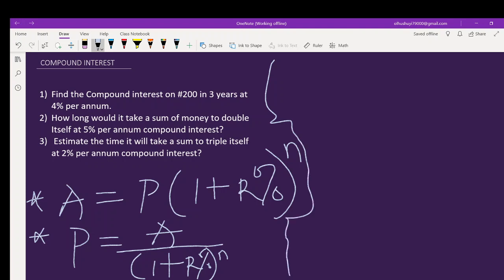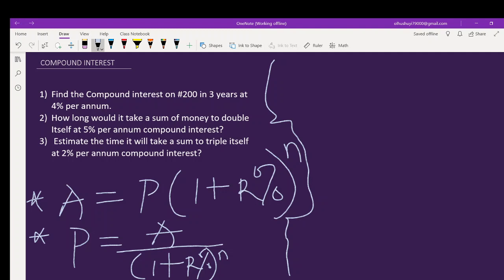If you are to solve our question, they say find the compound interest on 200 naira in 3 years at 4% per annum. So how do we get to solve that question? As direct and simple as it is, the question you will ask yourself is how do you go about that? Don't forget your interest.